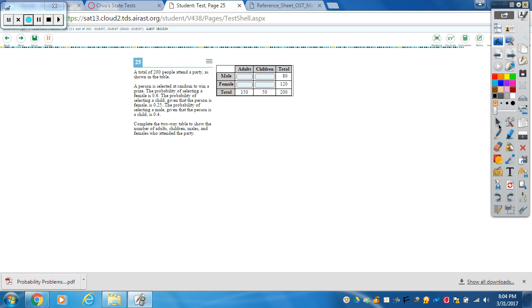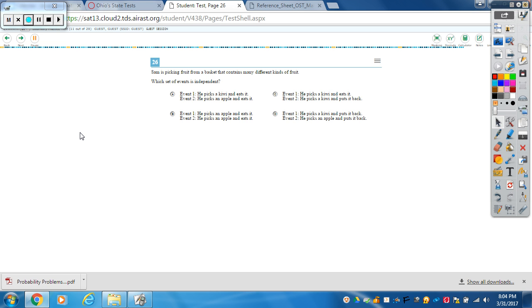26. Sam is picking fruit from a basket that contains many different kinds of fruit. Which set of events is independent? Well, remember, what independent means is that what happens in one event has no bearing on what happens in the next event.